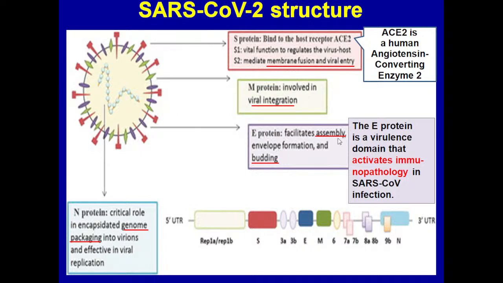The E protein is a virulence domain that activates the immunopathological response, and it facilitates assembly, envelope formation, and budding. And the N protein has a critical role in encapsulation of the genome, packaging, and is effective in viral replication. Those are the functions of the structural proteins.